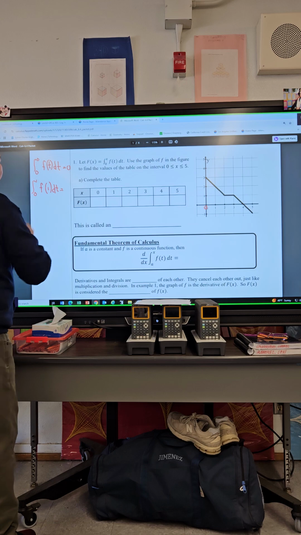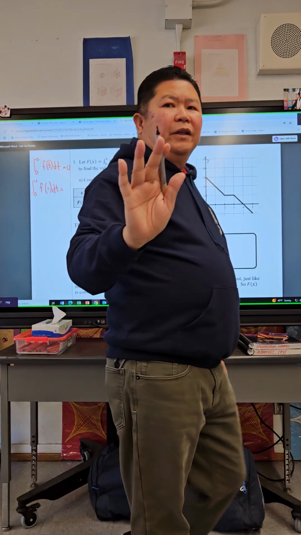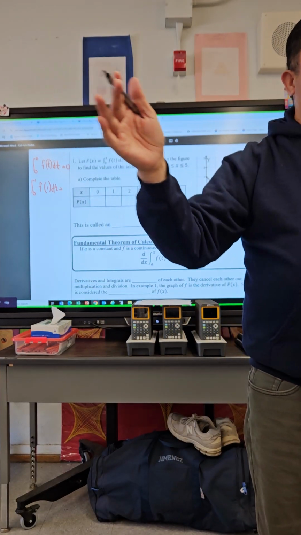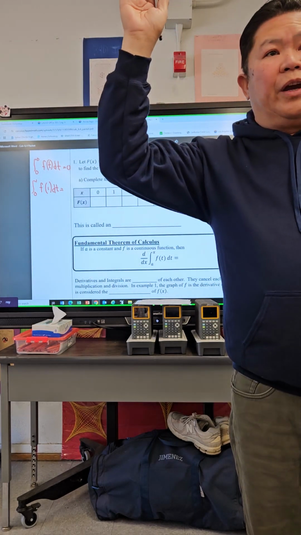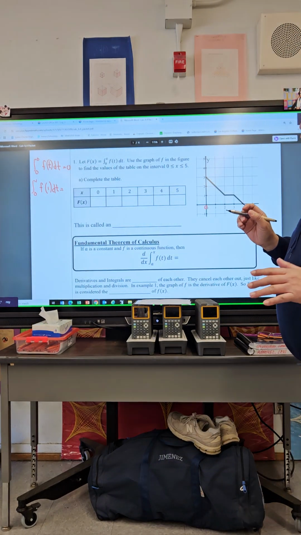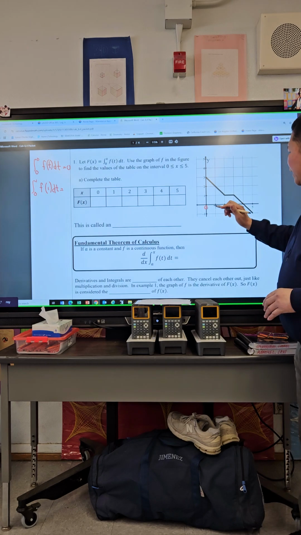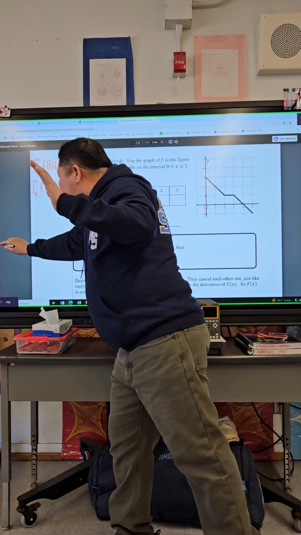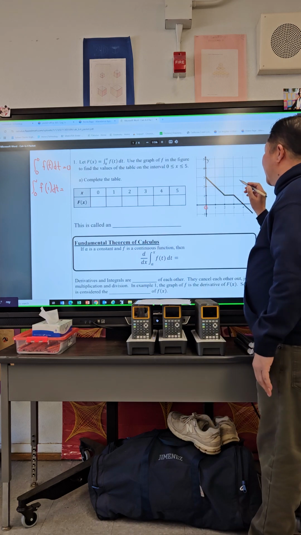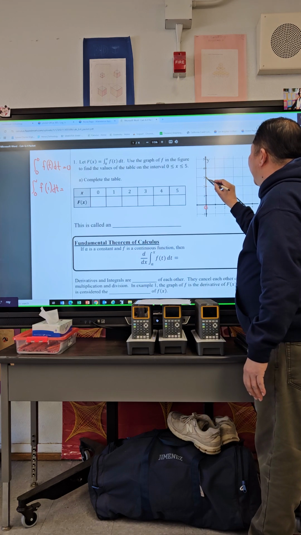What is F of 1? Look at this. It's going to be the accumulation of area from 0 to 1. Do you get me? So by looking at this, for the sake of discussion, I'm going to shade this from 0 to 1. What area does it cover?